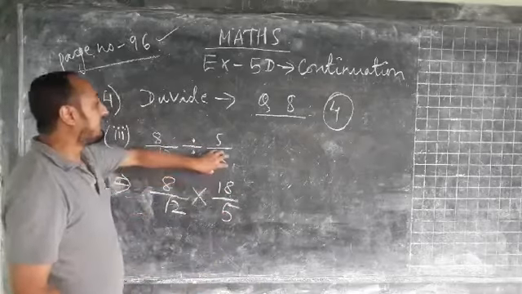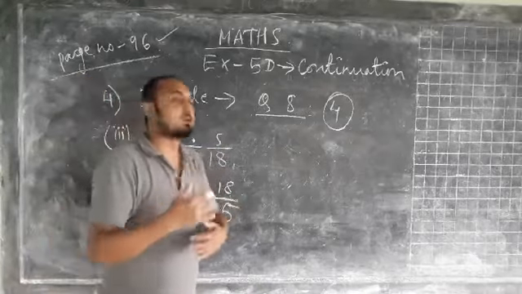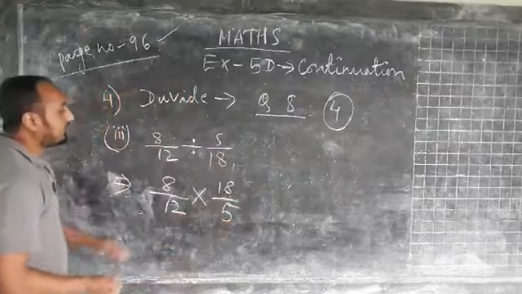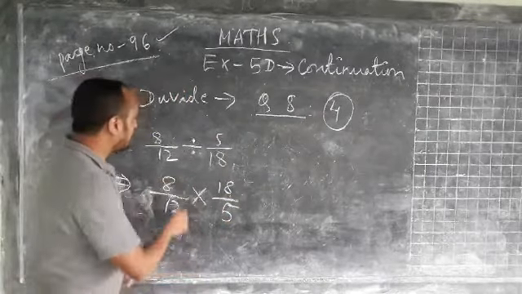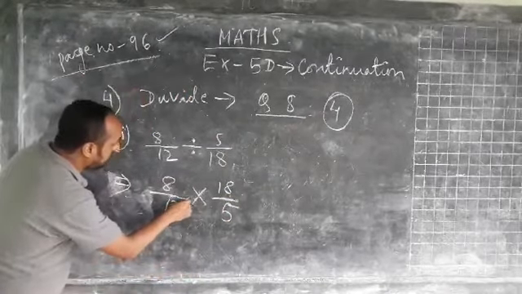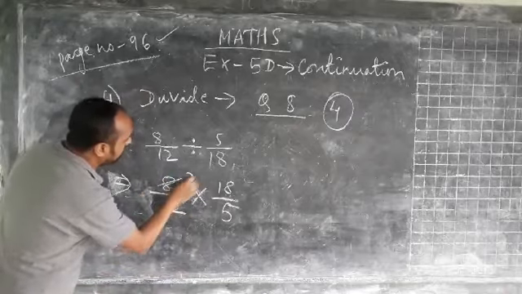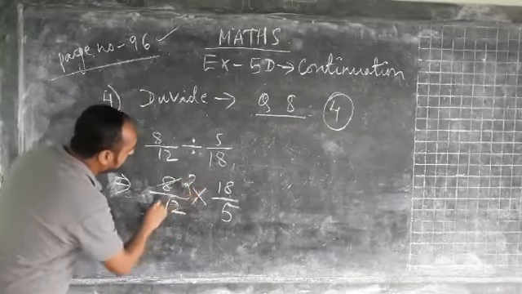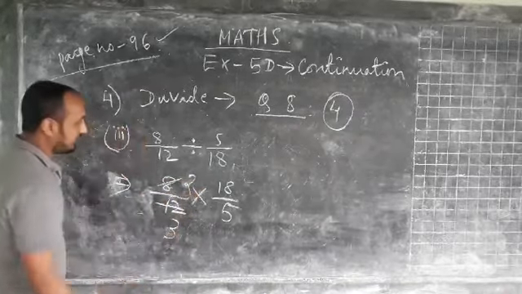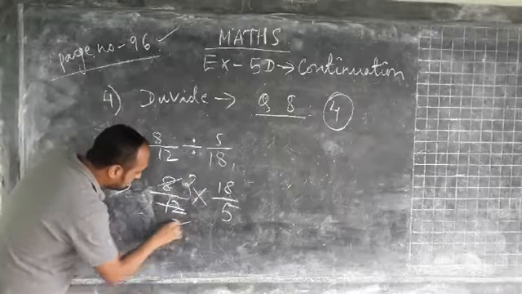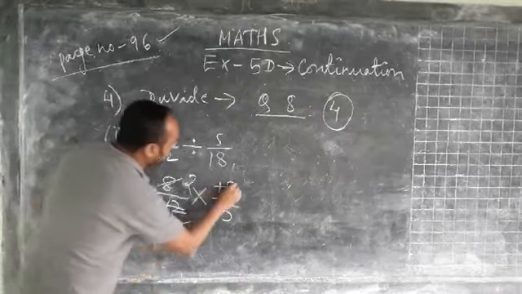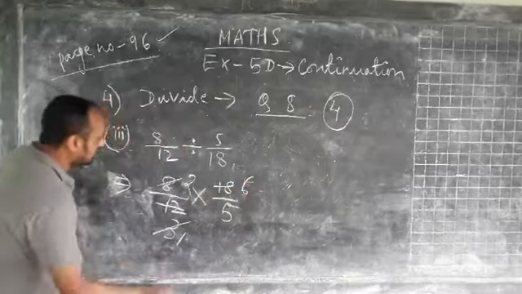Then we can go for reducing or cancelling. 4 2s are 8, 4 3s are 12. Again we can reduce by 3 1s are 3, 3 6s are 18.